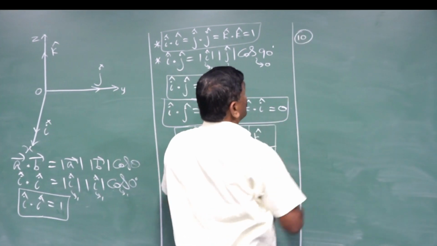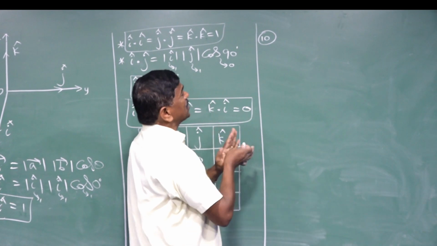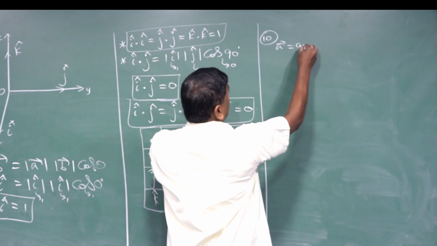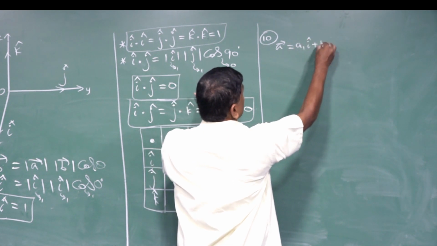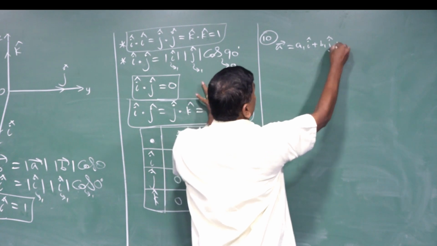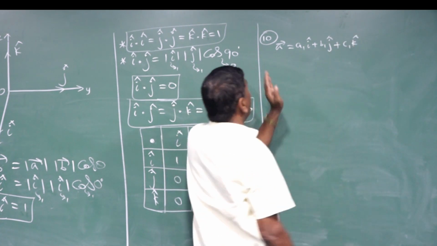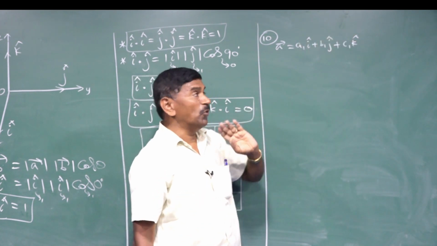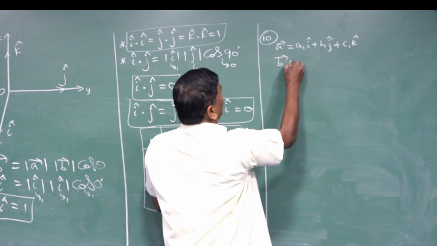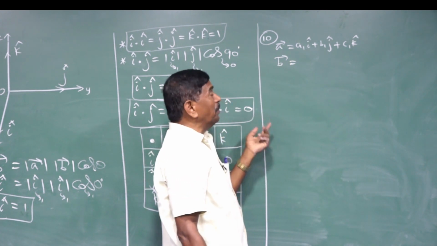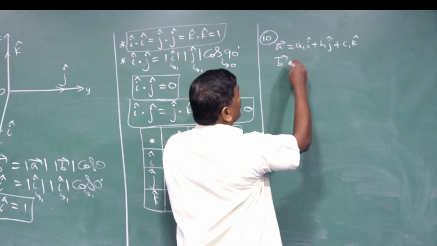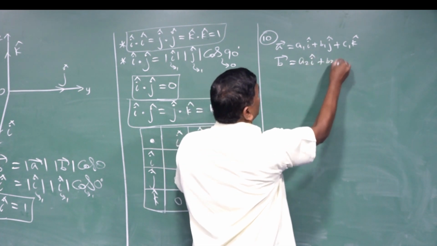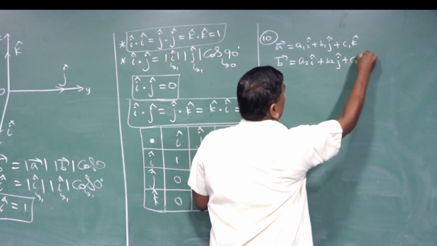Now listen. The 10th concept is very important. The concept is, suppose, listen carefully, let A vector be equal to a1 i cap plus b1 j cap plus c1 k cap. Let B vector be equal to a2 i plus b2 j plus c2 k, for example.